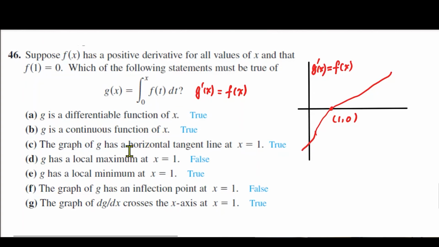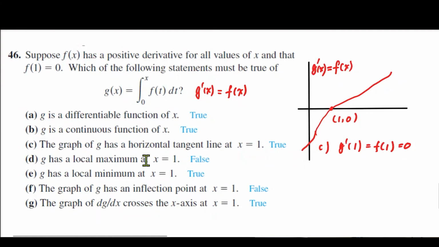Now, the graph of G has a horizontal tangent. Is that true? Yeah, I'm going to answer C here, because G prime of 1, which is f of 1, which is 0, that means it's flat. You get it? Okay. G has a local minimum. Yeah, well, I misread it.